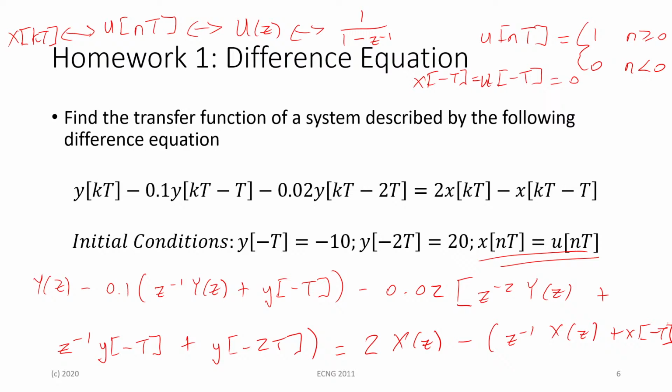So everywhere you had X(z), that's going to transform to our U(z) expression, because X(z) here was basically U(z).